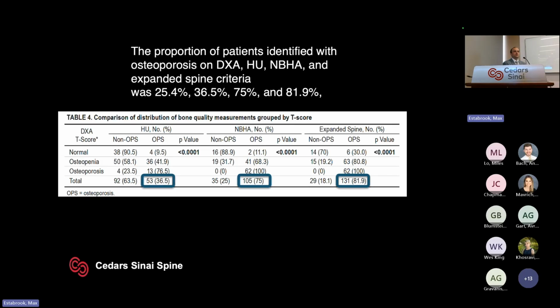Fractures, presence of fractures. 36% were identified by Hounsfield units. Now, if you add a combination of these things, you start to increase it. So now we're talking 75%, and then 82% with all of the above, including trabecular bone score.